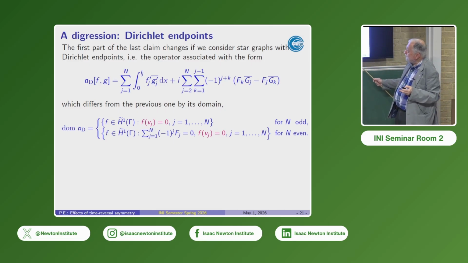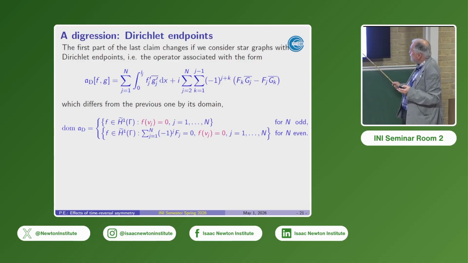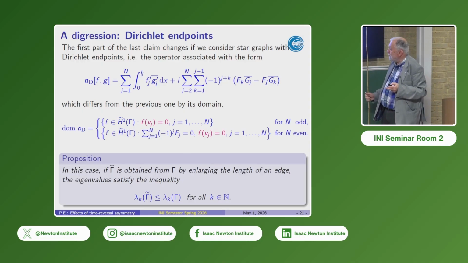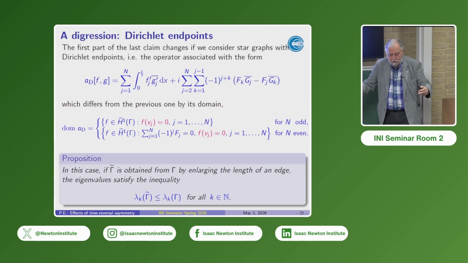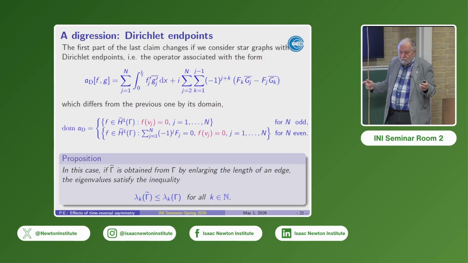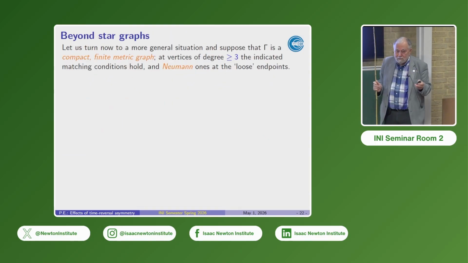The domain is again like that, with the added condition that the value of the function at the loose end of the edges is 0, and then I have the inequality I had before, but now for all the eigenvalues: extending the length pushes the energy down, which in the case of Dirichlet is of course trivial, coming from Dirichlet bracketing. Okay, but that was just a preparatory step.